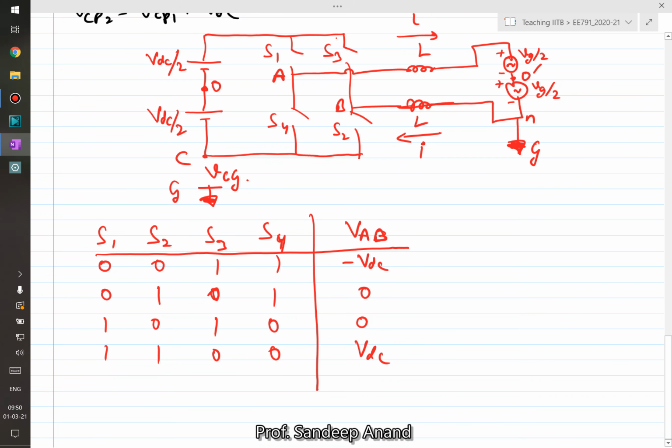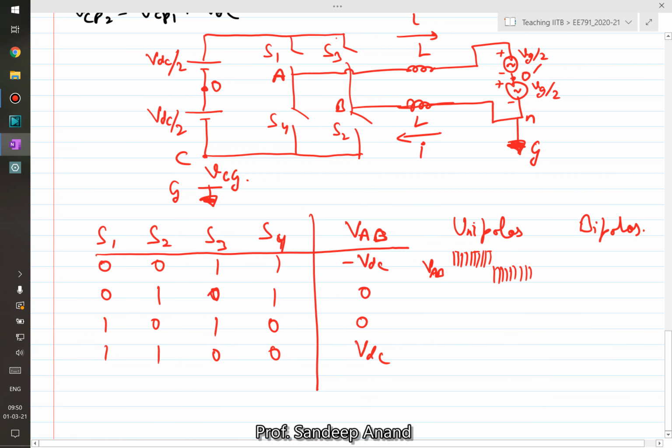Now, if you recall your basic power electronics course, where you might have studied different modulation schemes for this inverter, there are usually two types: one is unipolar modulation, and the other is bipolar modulation. If I draw VAB, this is roughly how VAB looks in unipolar modulation.